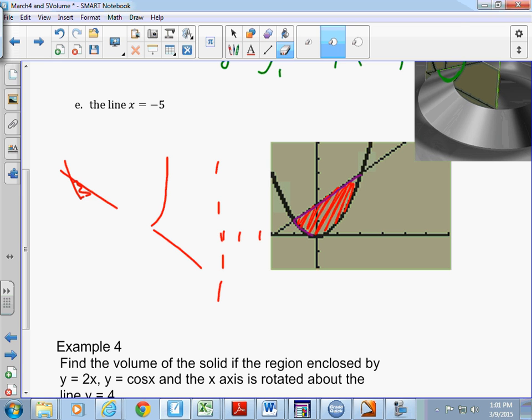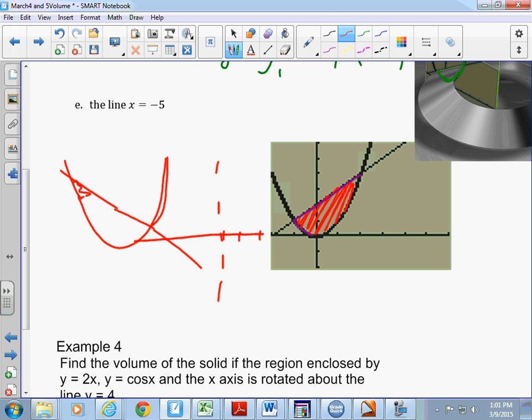Let me draw it a little better for you. We have the inside circles going from the x squared function to the x squared function. And we have the outside circles on the bottom still going from x squared to x squared, except a different part of it. Does everyone agree?